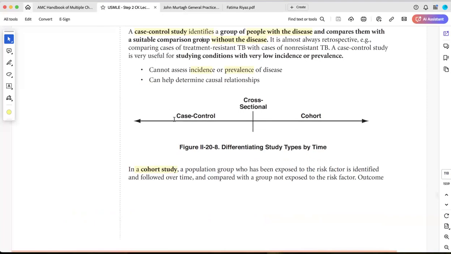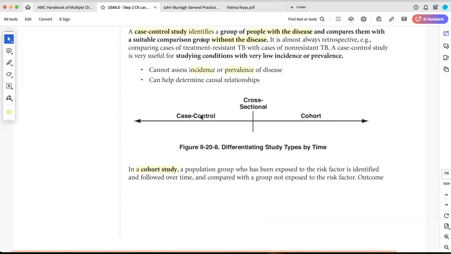Okay, so in a simple way, the easiest way to think is this: if we want to find out the number of diseased people in a community at a particular time, for example at the moment in your community you want to know how many people are diabetic, what study will you do? Cross-sectional.